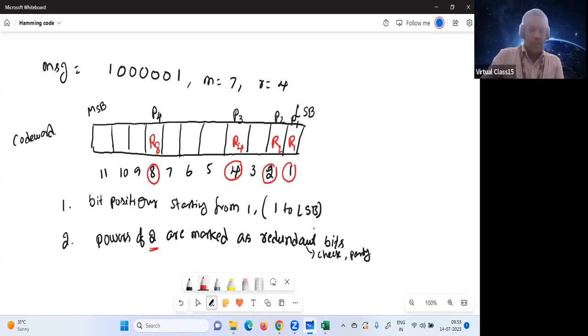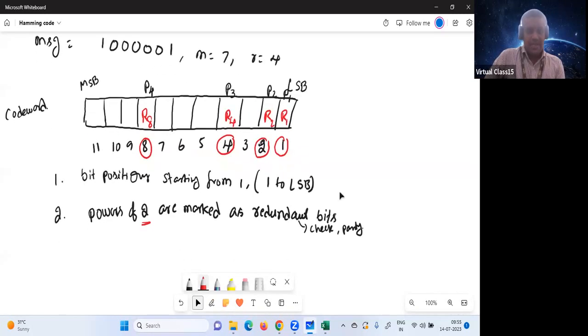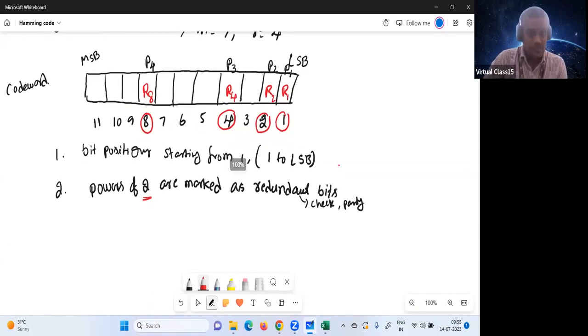Okay. So this is about the second step. Third step: the remaining bits other than powers of 2 are treated as the data bits or message bits. Remaining bits are your data bits or message bits.